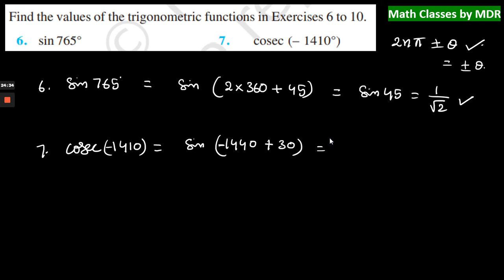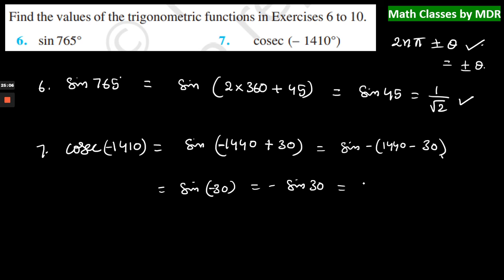So this will be equal to −1440 + 30. But I want to take it as sin of minus (1440 − 30), so sin(−30), that is −sin 30, which is equal to −1/2. Right? I hope you got it.